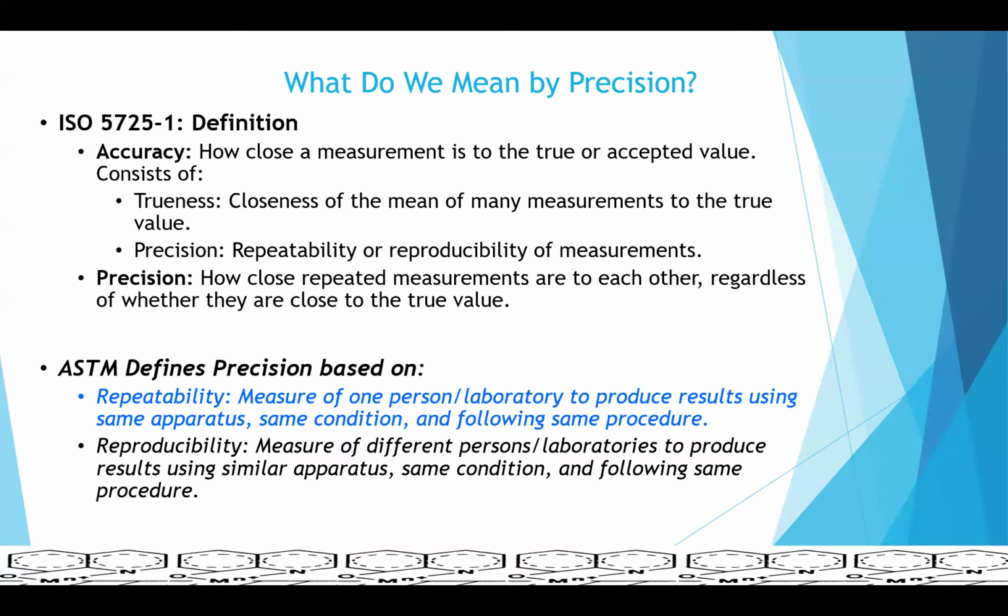Reproducibility is different persons, different laboratories across the world producing results using similar apparatus, same conditions, and following the same procedure. So repeatability, one person; reproducibility, different persons. ASTM requires data from 6 laboratories. So in our JIP, or in our discussion, we are going to first focus on repeatability in defining precision.